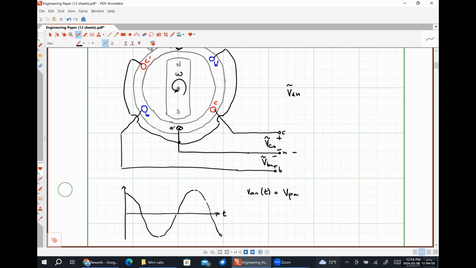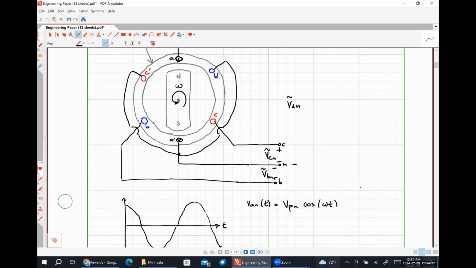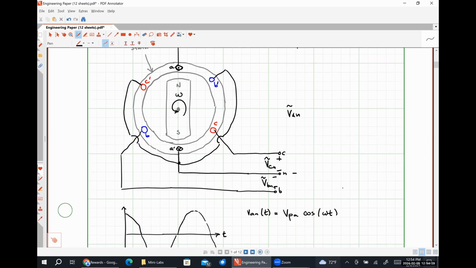So this is the phase voltage on the A phase cosine omega t. And that's going to happen when the north pole of the magnet is right over here. Okay. Well, at that time, the flux, yes, Michael.